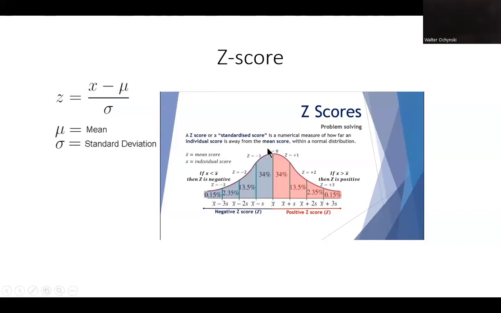What I am showing here is the standard normal distribution with the mean of 0 and standard deviation of 1.